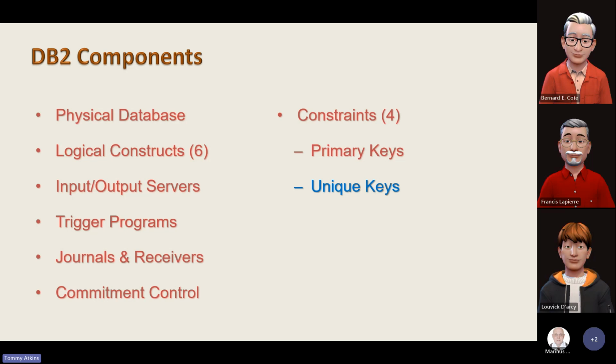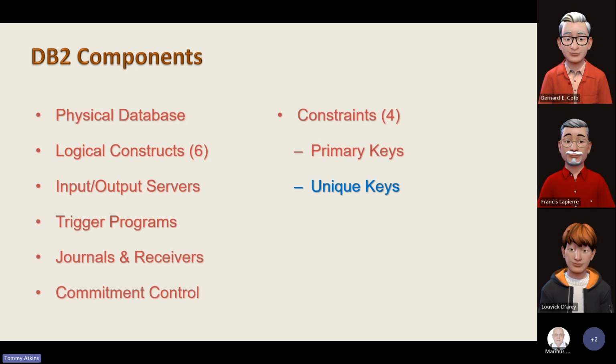Because it's a primary key, you can't duplicate it. But it's possible to duplicate the customer's name, which will sow confusion when you've got two customers of the same name with different numbers. So you could add a unique key based on the customer's name so that you could never have a duplicate name.